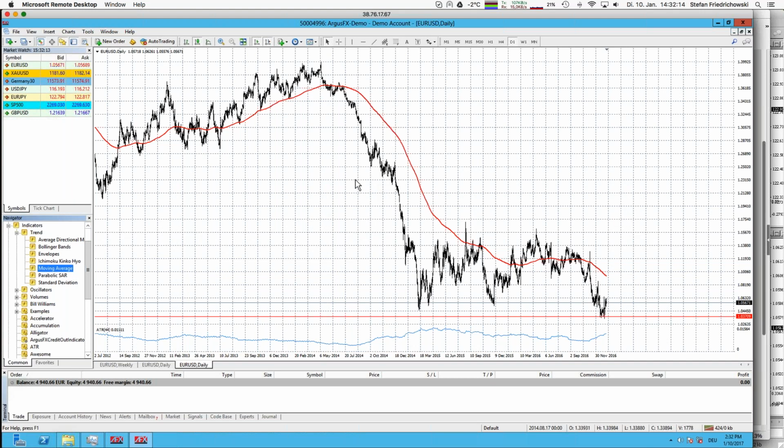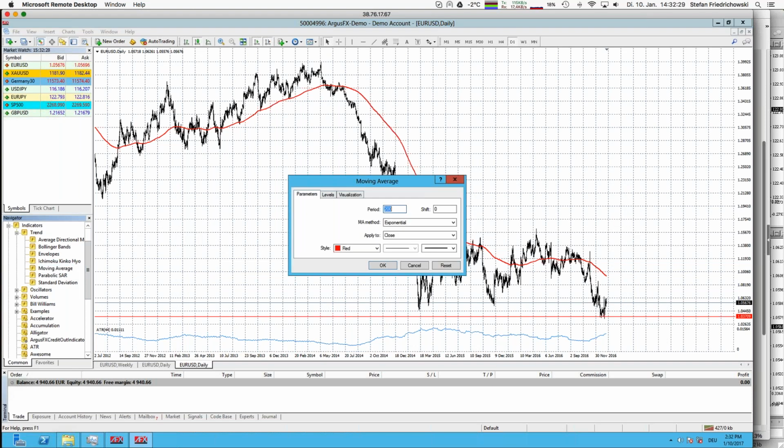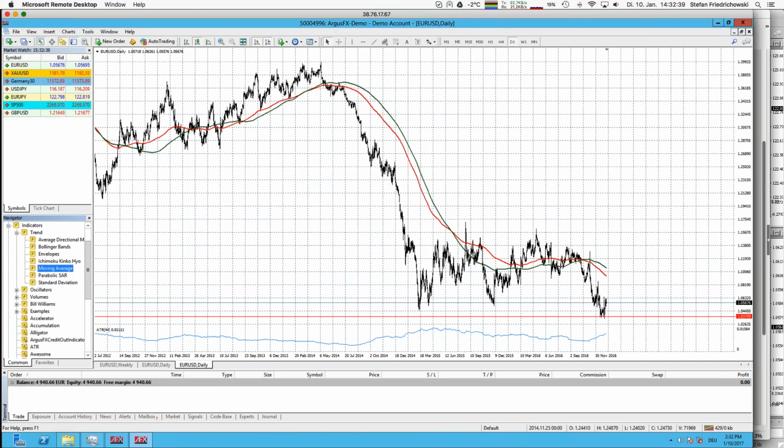And just because I mentioned the difference between EMA and SMA, I want to show that a little bit here. That's quite easy to do. I take another one, I change the color. Let's do it in green. Now I switch to simple moving average and press OK.